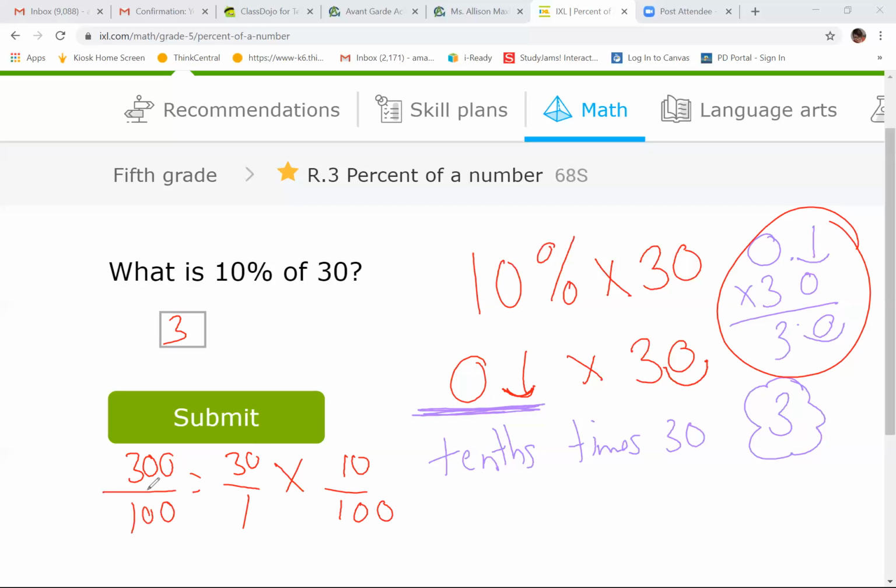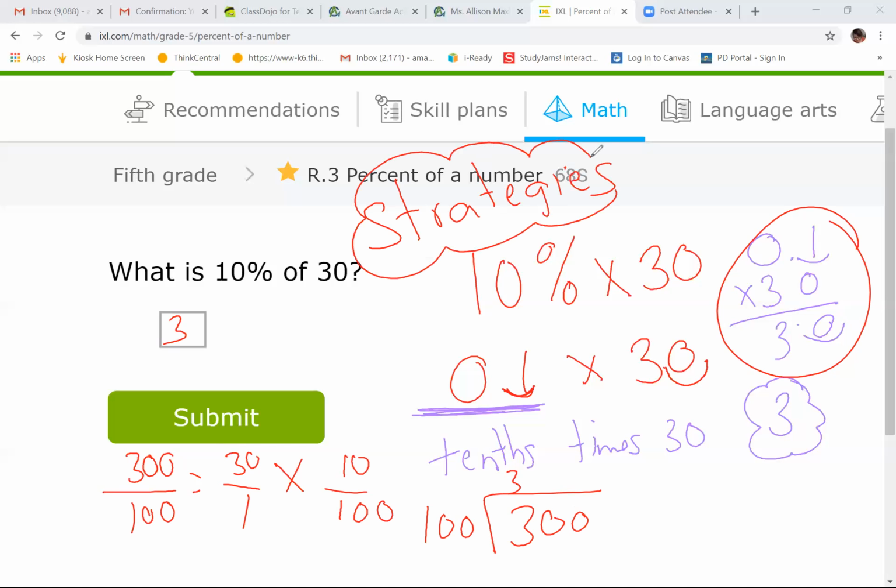And how many times is that? 300 divided by 100. Oh, the answer is 3. So many different strategies. And they all work fabulously well. And the great part is you guys get to pick which one you want to do.